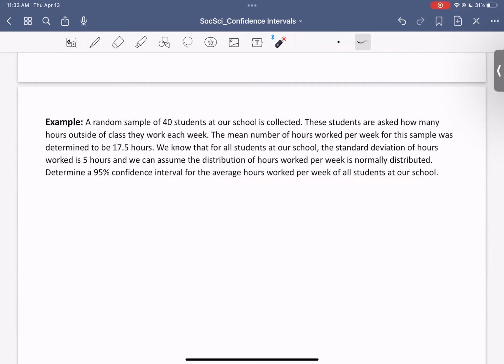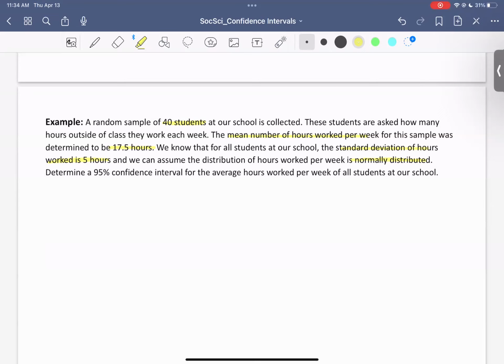So let's unpack a little bit what we're asked to do and what information we're given. We're told that we have 40 students in our sample, that the average or mean number of hours worked per week for this sample was 17.5 hours. We know the standard deviation of hours worked is 5. We know that we have a normal distribution of the whole population.